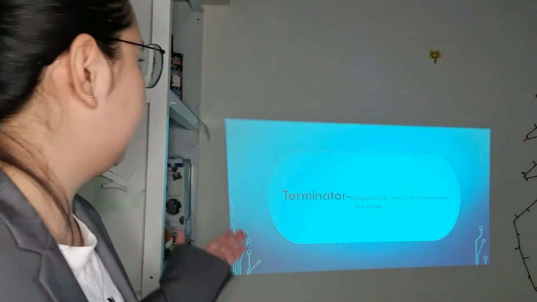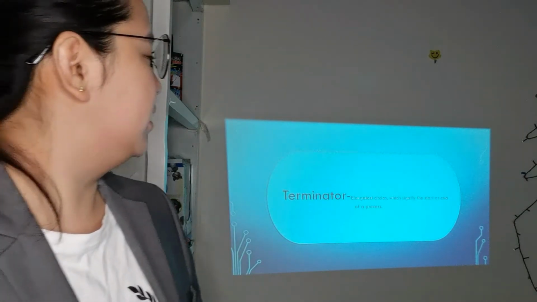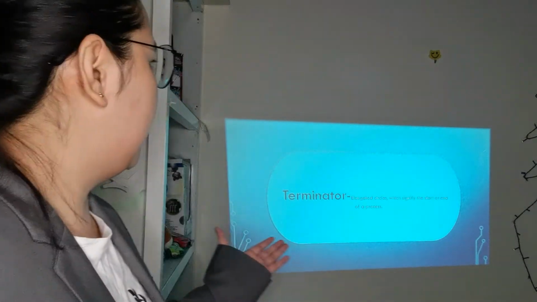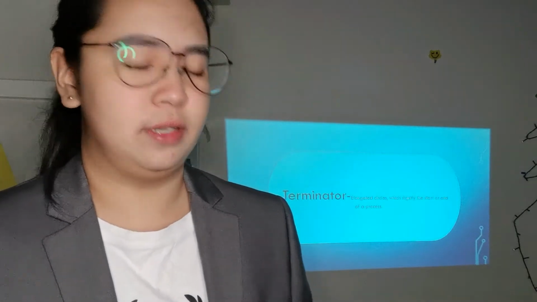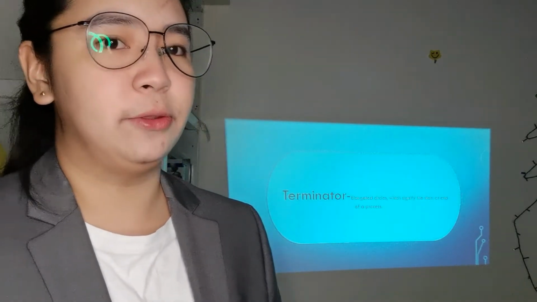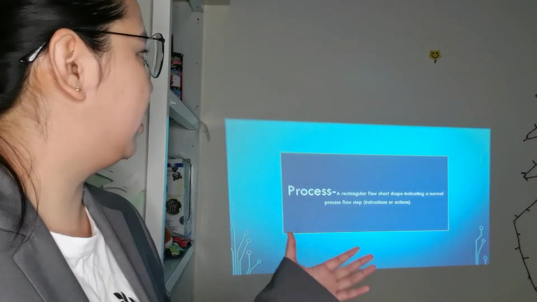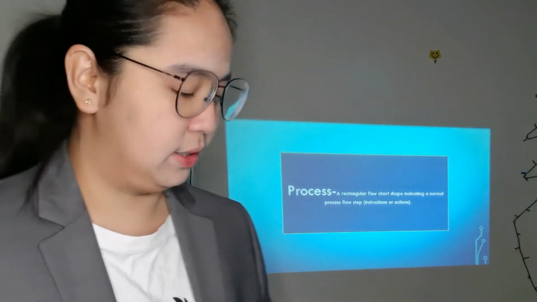This is the terminator, an elongated circle which signifies the start or end of a process. The next is process, a rectangular flowchart shape indicating normal process flow steps.